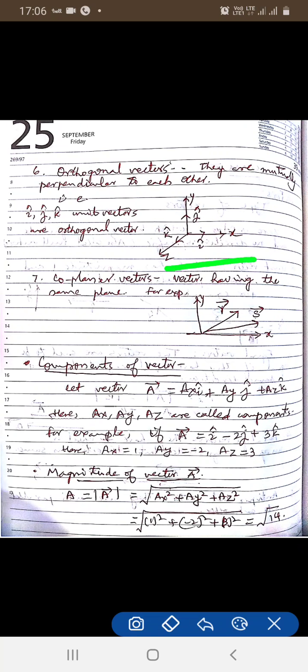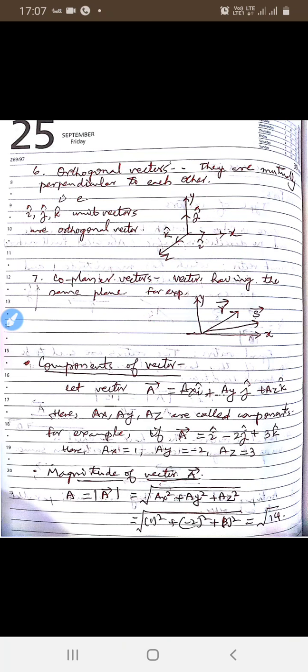Here the direction is in this direction, here j cap, here k cap. So, i cap, j cap, k cap, all three are mutually perpendicular, orthogonal vectors. So, any two axes make 90 degree with each other.